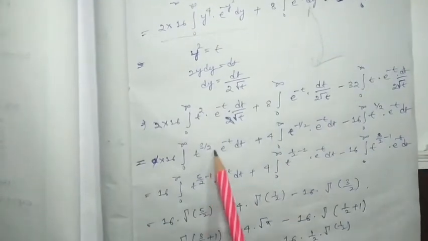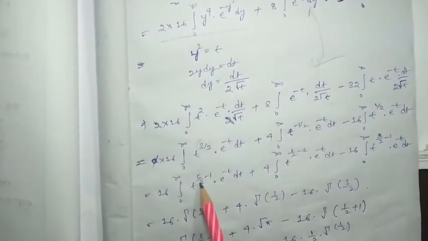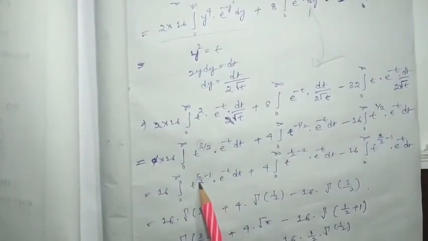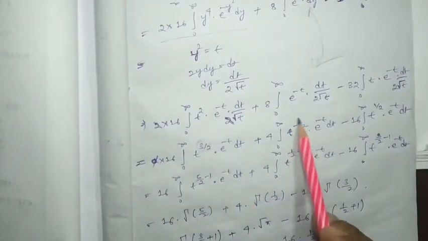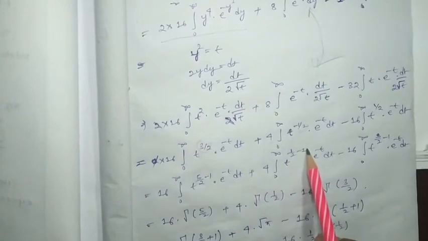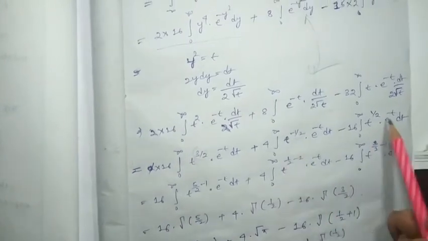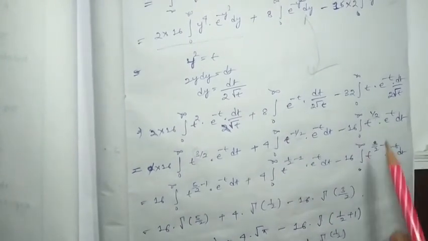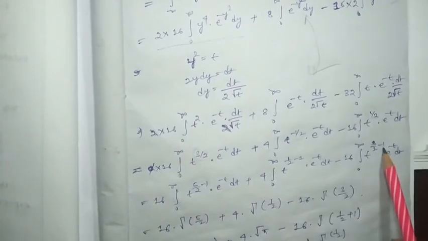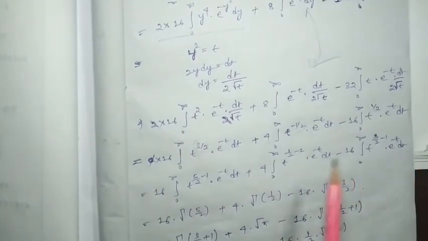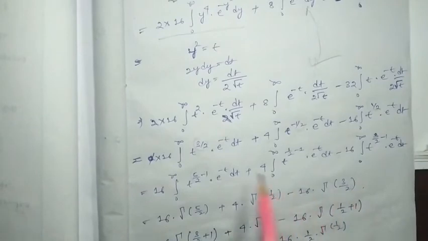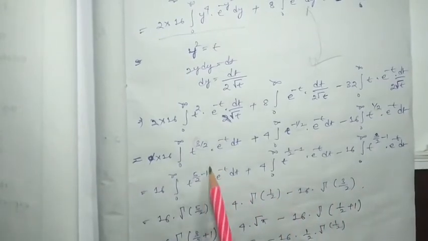So this t to the power 3 by 2 can be written as n minus 1, that means 5 by 2 minus 1, and this minus 1 by 2 can be written in the n minus 1 form, that will be 1 by 2 minus 1. This 1 by 2 can be written in the form of 3 by 2 minus 1, by comparing, to transform this into the form of the gamma function.